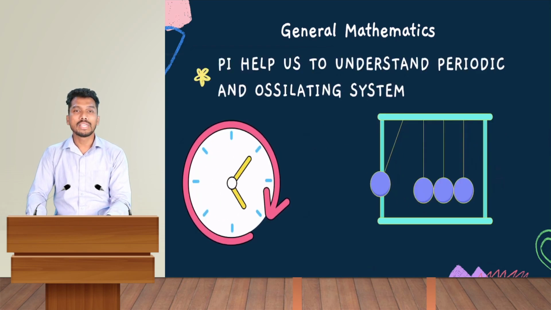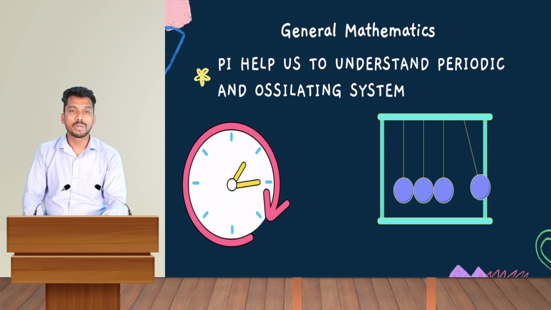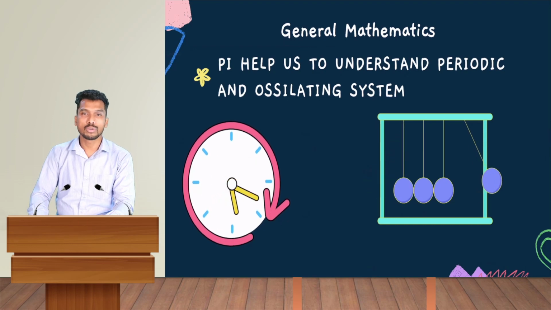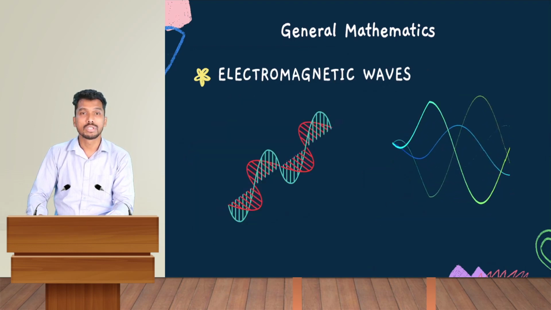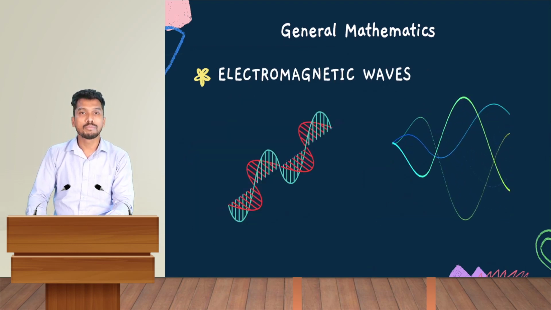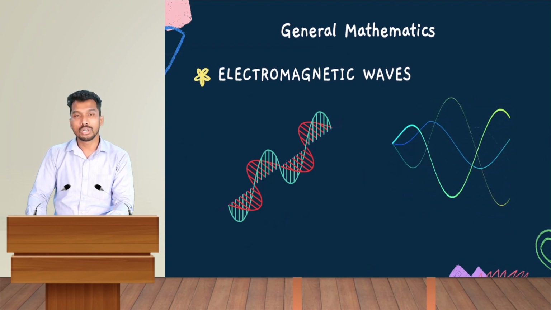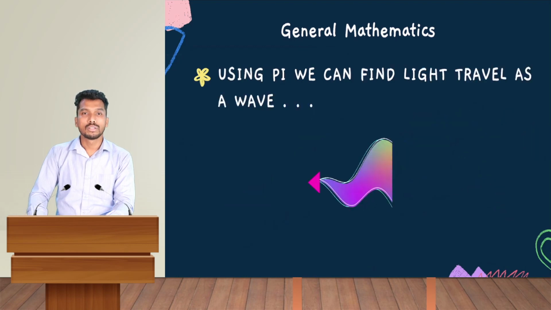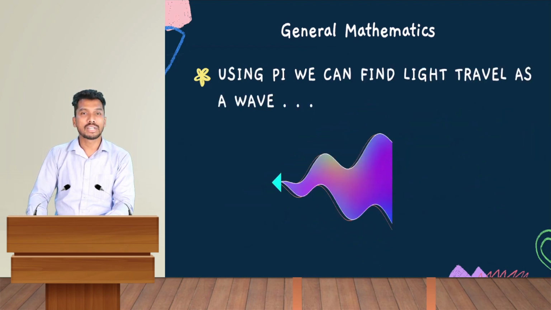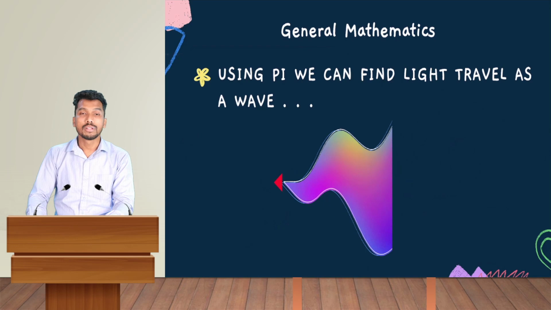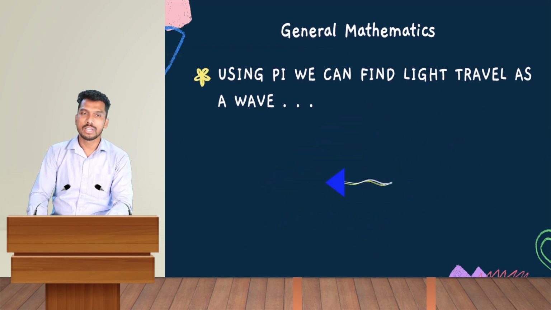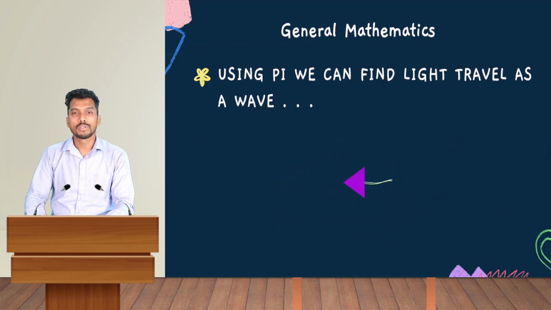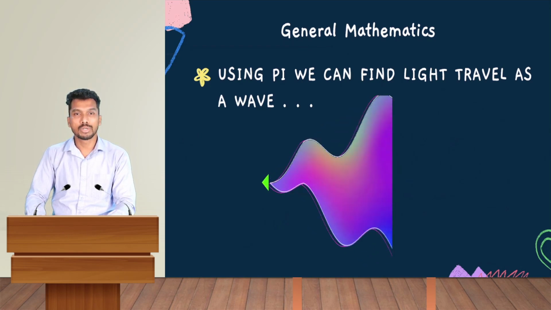Pi helps us to understand periodic and oscillating motions. In science, periodic and oscillatory motions are very important for us, as well as for finding the nature of electromagnetic waves. Pi helps with this. As we learn in science, light travels in two forms: one is a particle form and the second is a wave form.